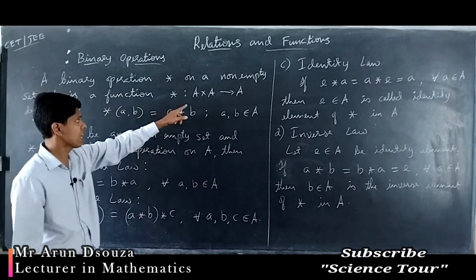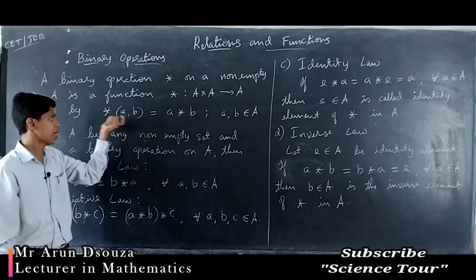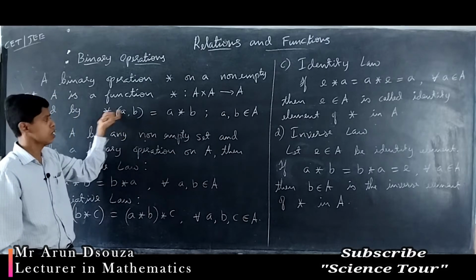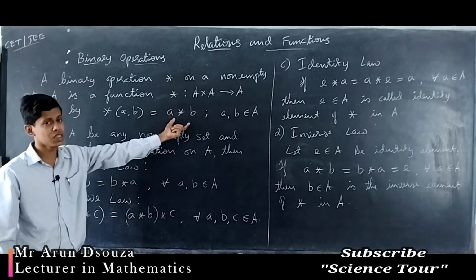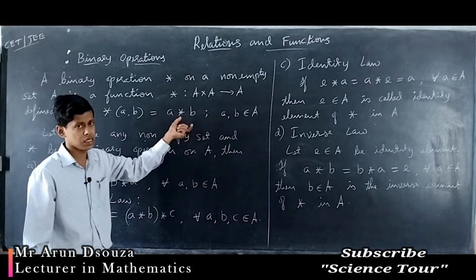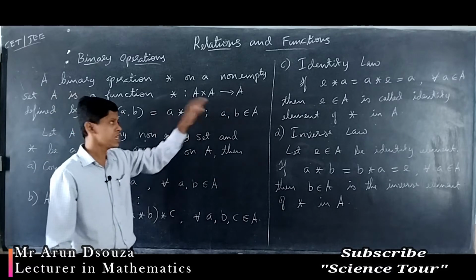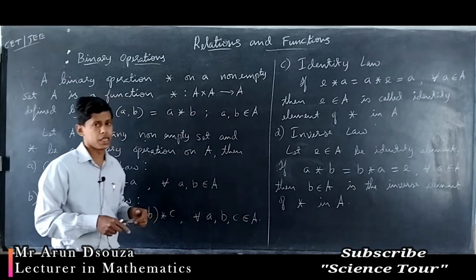So how does an element in A cross A look like? An ordered pair. So you are applying the function star to the ordered pair (a, b), and what is the output that you are getting? a star b, and that is a single element, a single answer, and that output must belong to A. Then we say star is a binary operation.